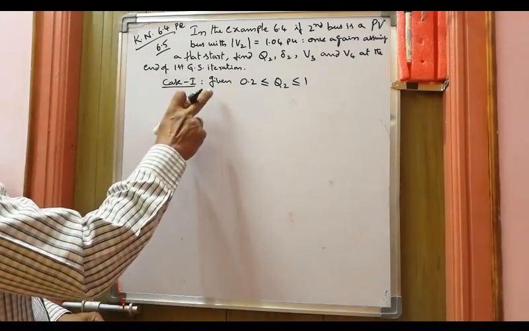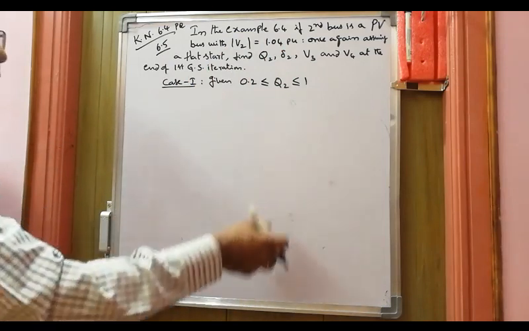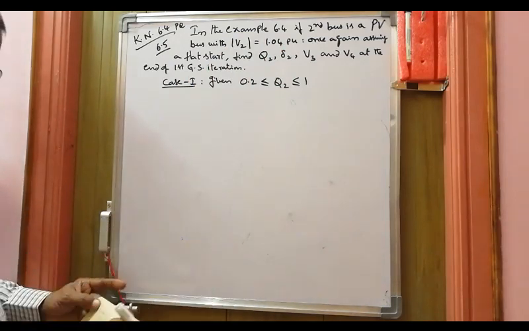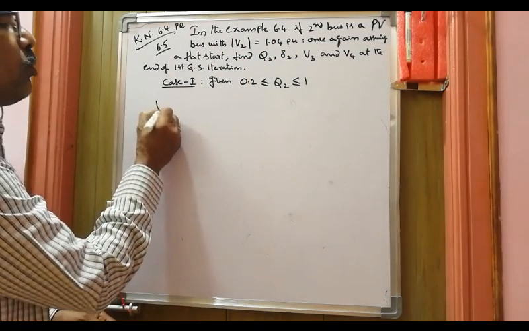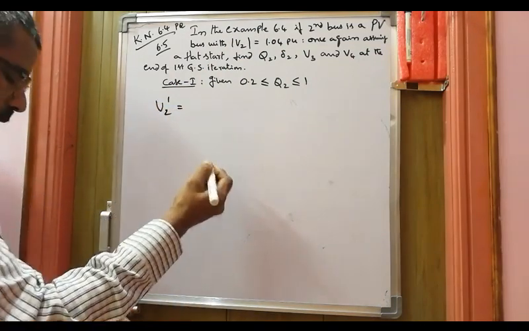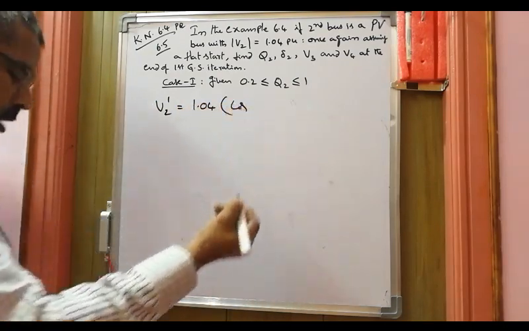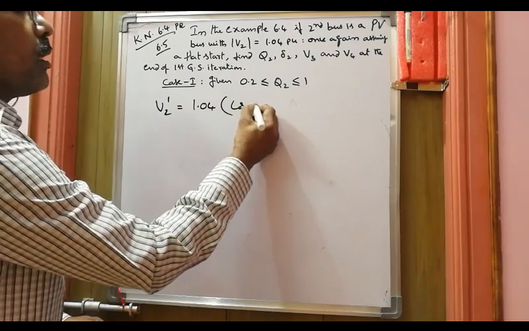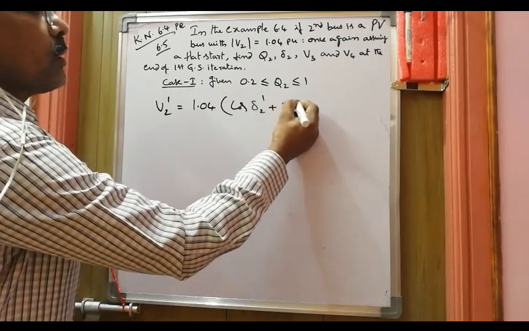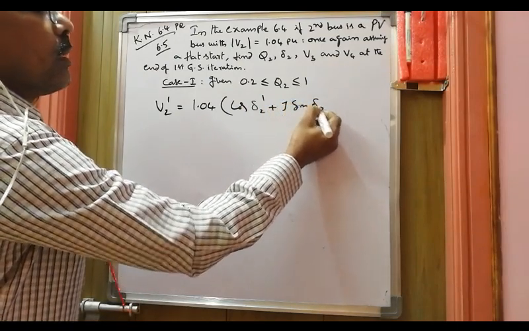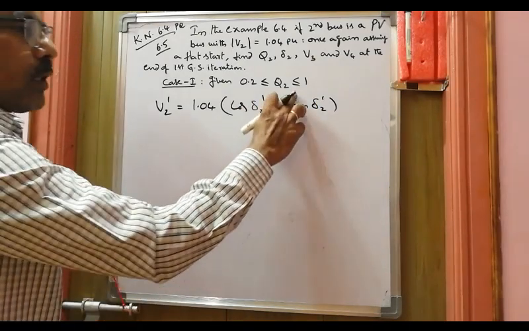So for V2, the magnitude is given, and its angle we were able to obtain in radians. So the V2 1 final value is 1.04 cos delta 2 1 plus j sin delta 2. Okay.